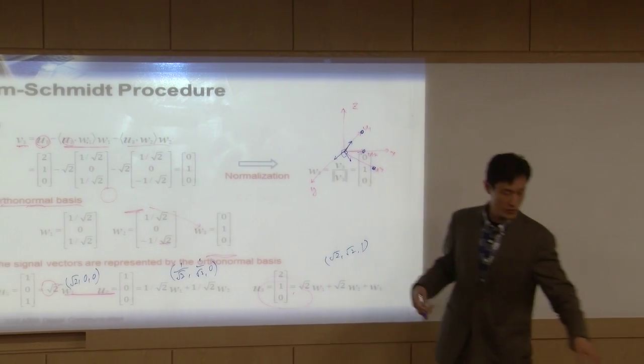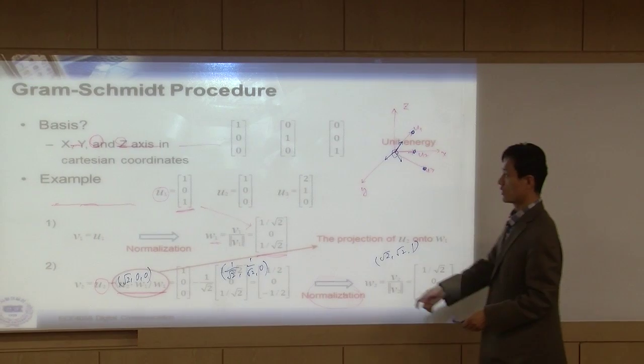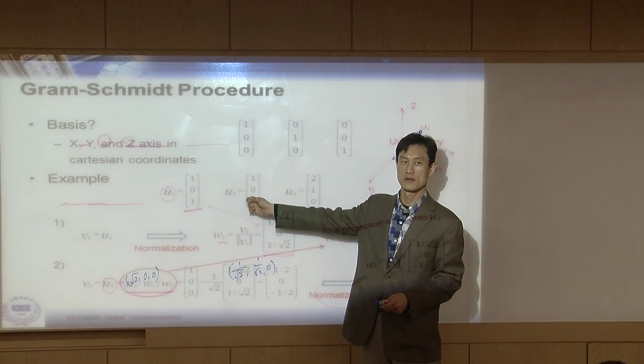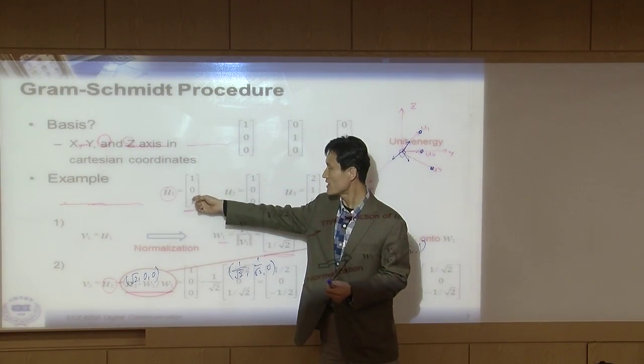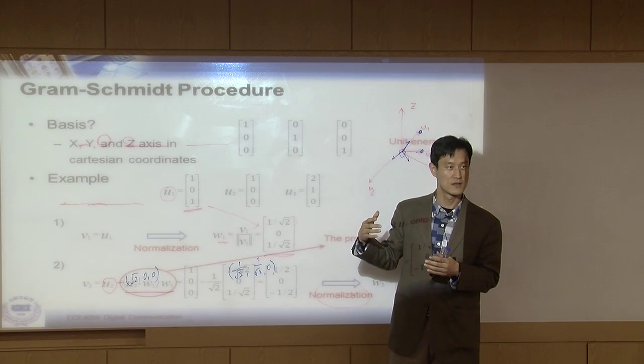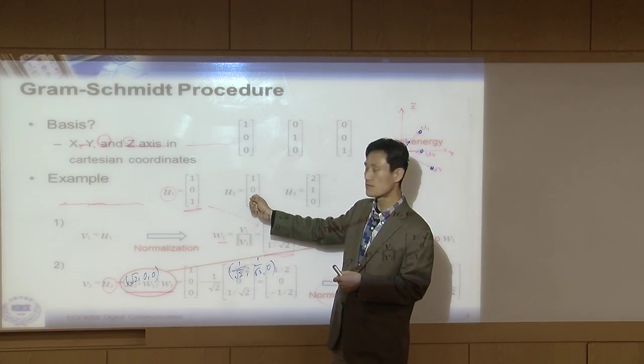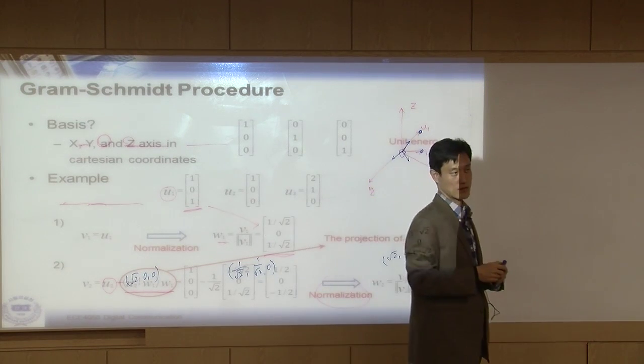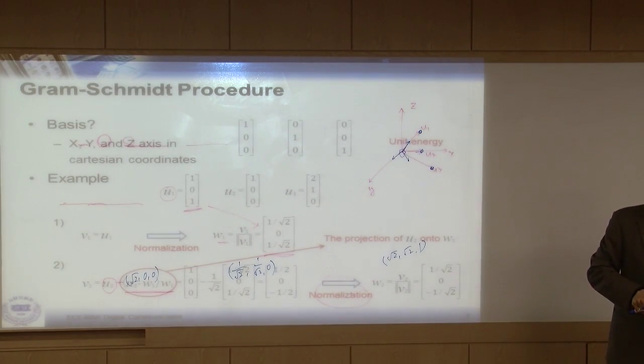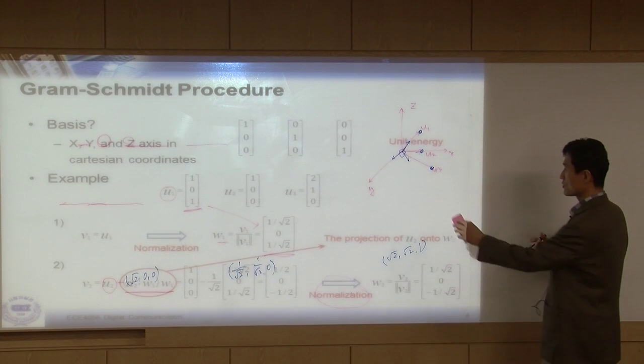Okay, what if we use this one as a starting point? Remember I told you that you can start from any vector, right? In this example, I started from this vector. But what if you use this vector as a starting point? You can do that, right? In that case, what's going to happen?